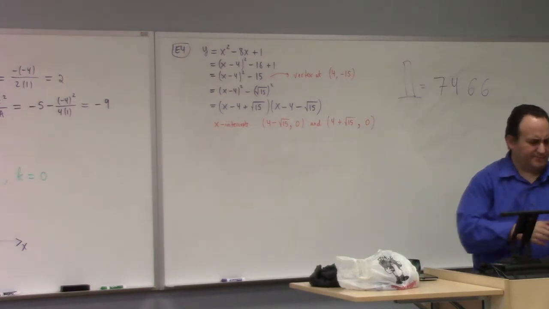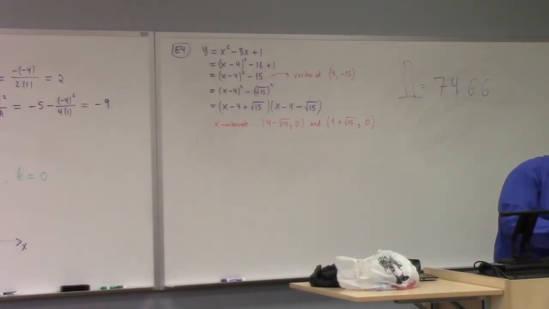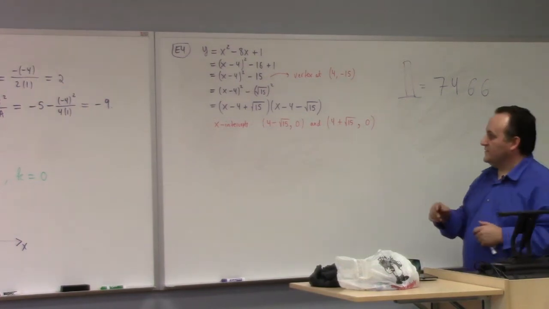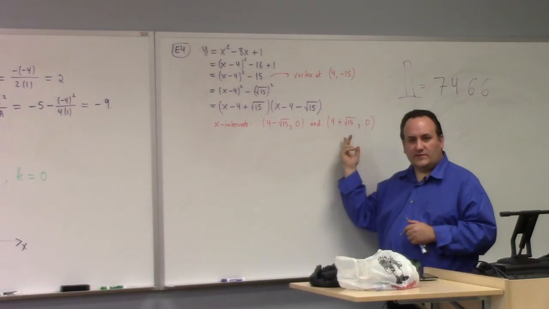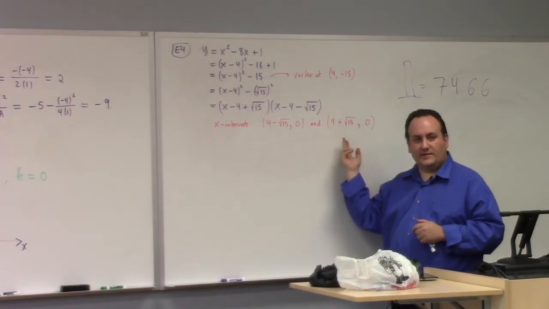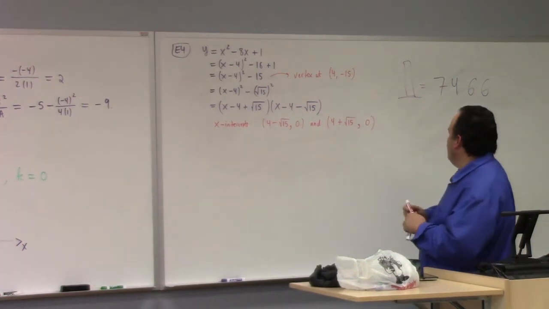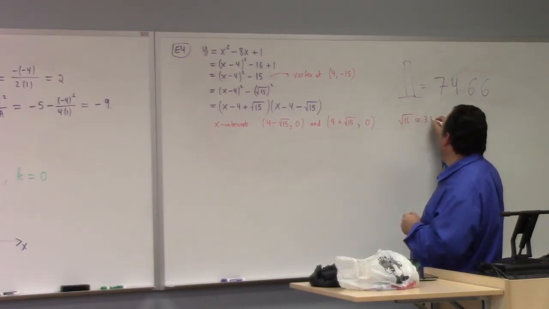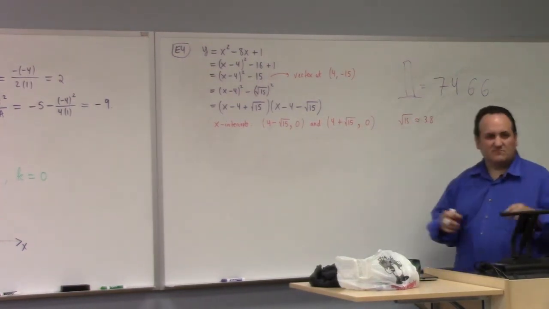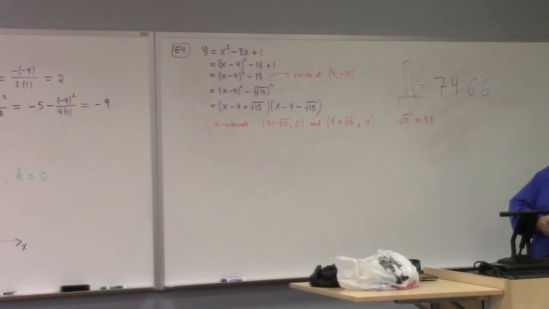Now, oh man, I think I left my calculator at home. That was a bad move today. So roughly speaking, the square root of 15 is really close to the square root of 16, right? What's the square root of 16? 4, right? So square root of 15 is maybe 3.8-ish, give or take.